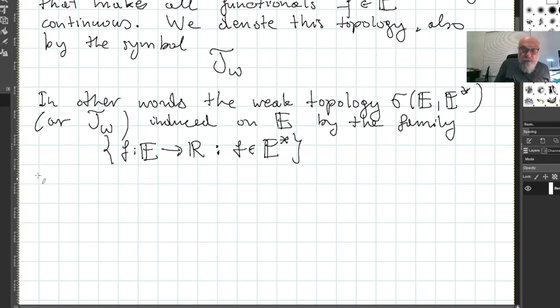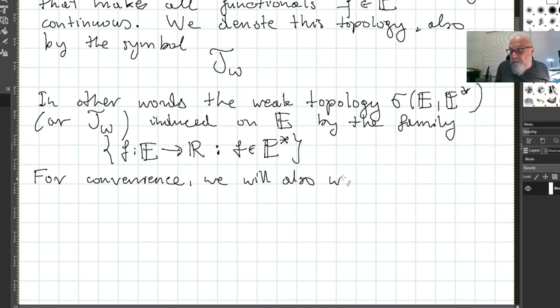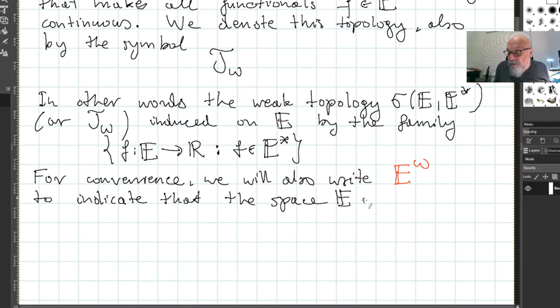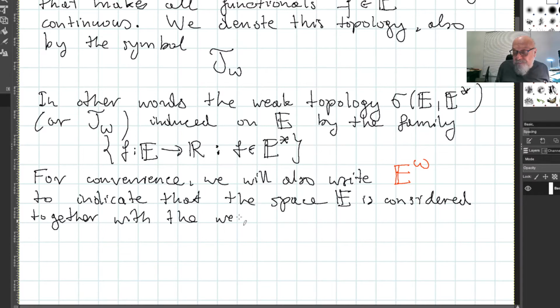For convenience, we will also write, and I put here a symbol in red so you can see this newly introduced symbol, E with W to indicate that the space E is considered together with the weak topology sigma(E, E star).